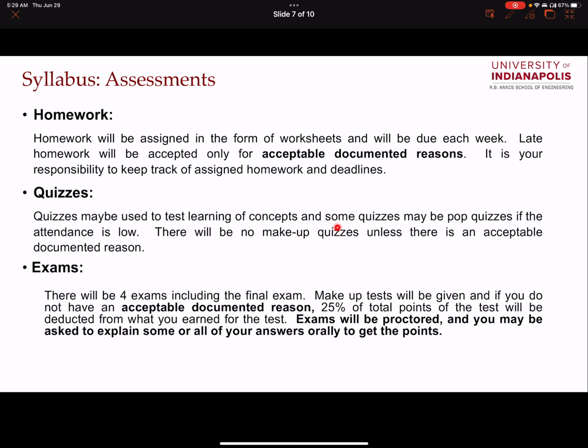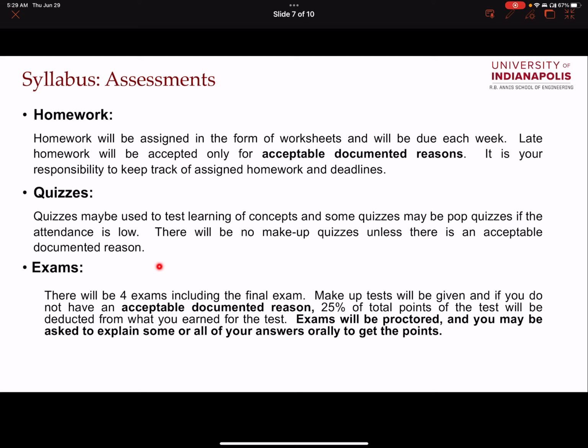So the process is, you will be given homework, and most probably each Thursday and each Monday, the homework will be due. And whenever the homework is due, I'll go through the homework problems in the class, and afterwards you will be given a similar question to solve as a quiz.